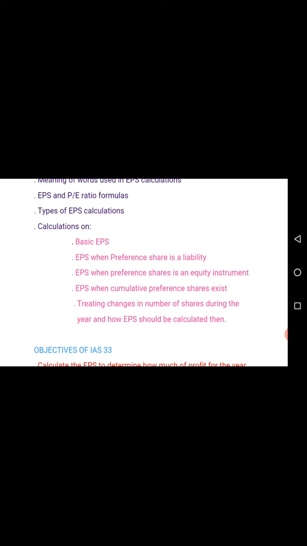Now there are different calculation ways for EPS depending on the scenario, and here we have about 5 scenarios.